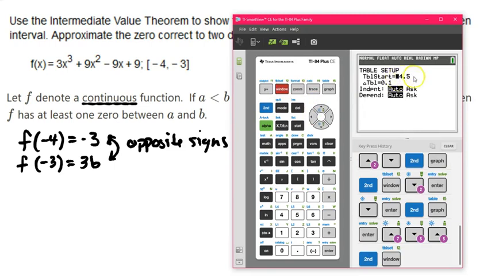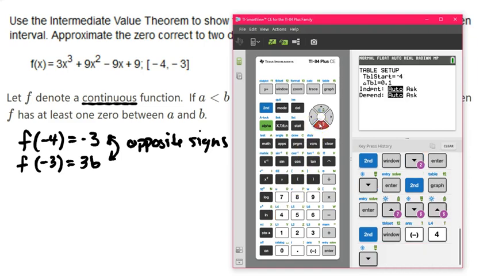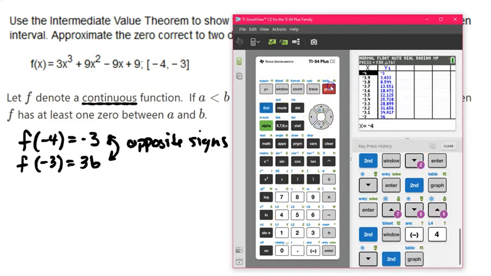Okay, so I've got it starting at -4.5. I want it to start at -4 and increment by 0.1. Okay, so there we go. Let me get a screenshot of this so we can take a closer look at it.